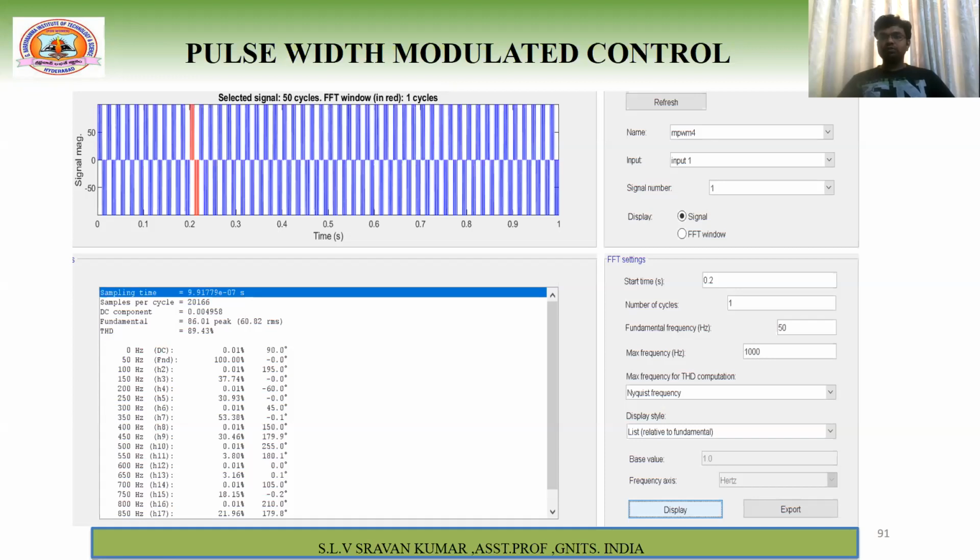Here the filter is most important. But here, because lower order harmonics 3, 5, 7 are present, the filter size is very high. So that's why we have to go for the next technique, the multiple sinusoidal PWM technique.